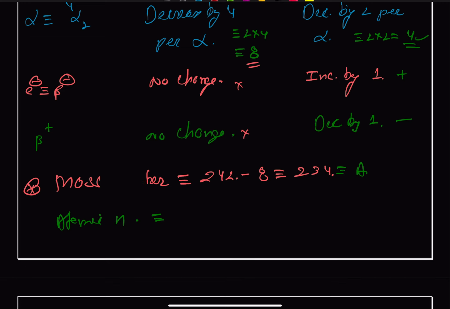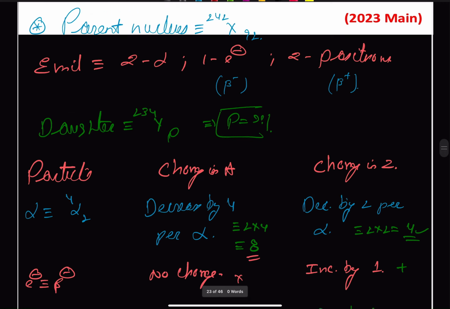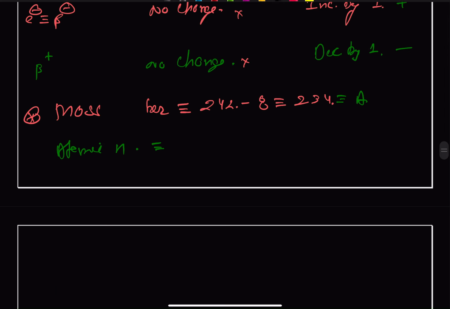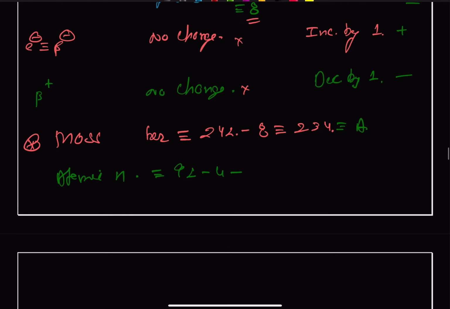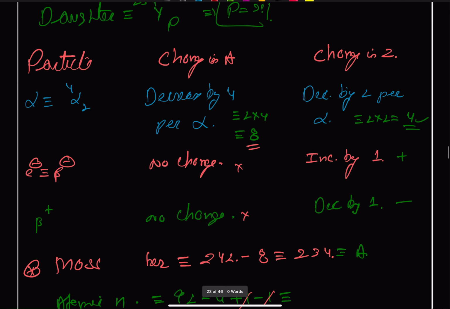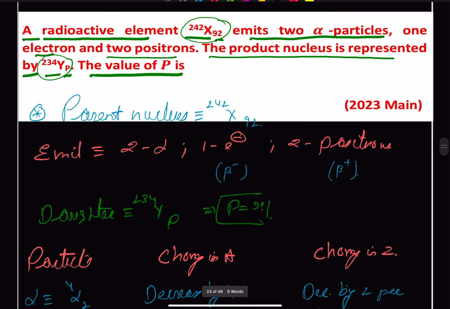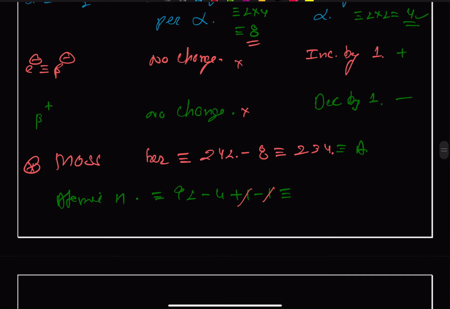So initially it was 92, so we have 92 minus 4, then increase by 1, then decrease by 1. One second, there are 2 positrons, my mistake.